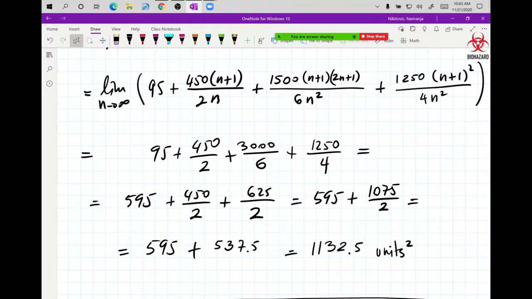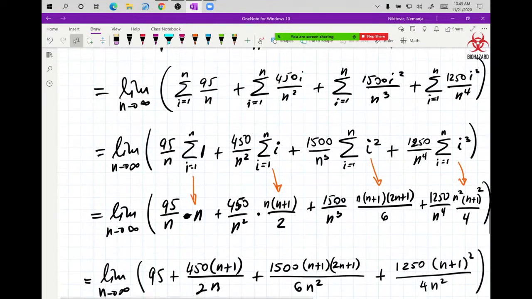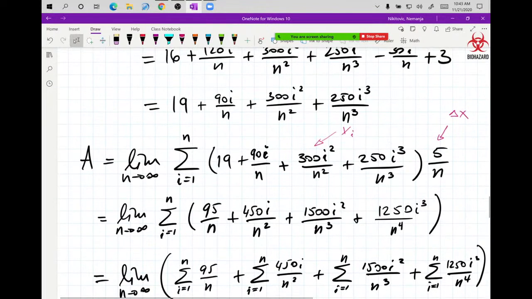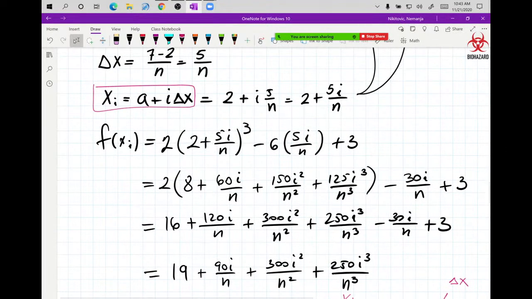So let me try this again with the calculator this time. 95 plus 450 over 2 plus 500 plus 1250 over 4. I calculated correctly. Oh, so there's going to be a mistake somewhere in the constants coming up with all of this. There's no way in hell I can find that one now.